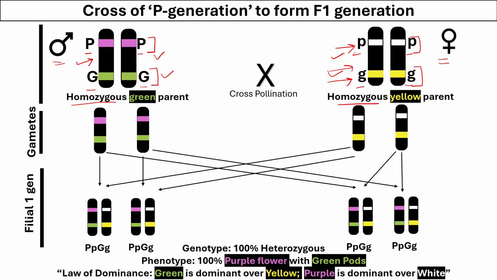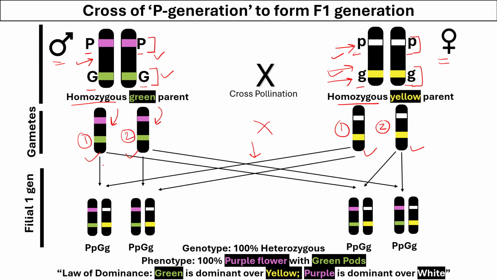Now, here they have meiosis going on, which leads to the formation of two gametes. So this is gamete 1, this is gamete 2, and this is mother's gamete 1, and this is mother's gamete 2. When they cross with each other, one of these gametes will fuse with one of these gametes to make the offspring.